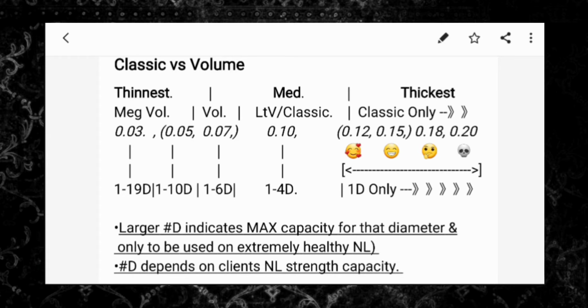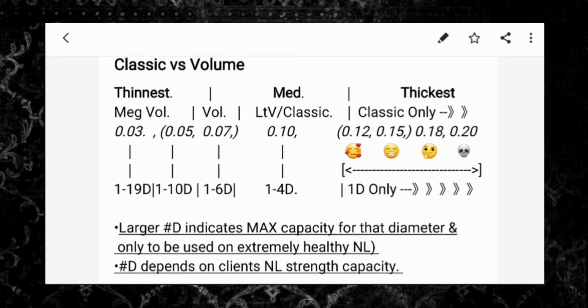With a 0.03, you can do 1D to 19D, the D meaning dimension. You could choose to do a classic set with a super thin 0.03 lash, but probably you won't because it's so thin. You have the option if you want to, and you can extend it all the way up to 19 lashes in one fan put on one natural lash.